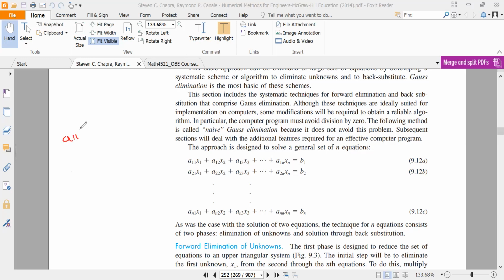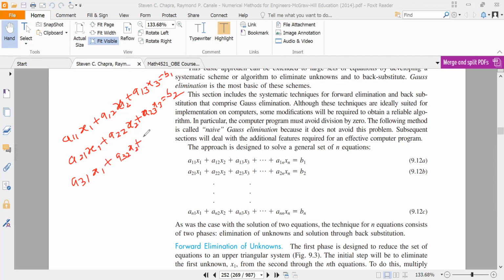Say a11 x1 plus a12 x2 plus a13 x3 is equal to b1. Another equation is a21 x1 plus a22 x2 plus a23 x3 is equal to b2. And a31 x1 plus a32 x2 plus a33 x3 is equal to b3.